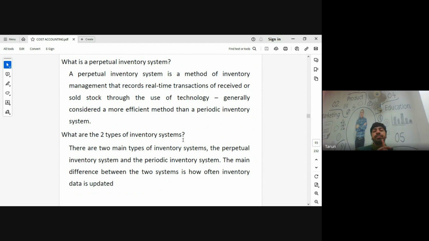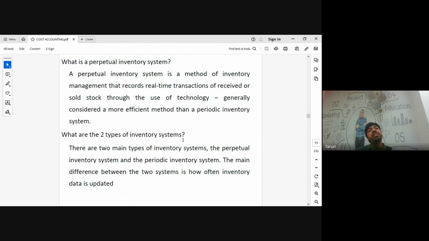Now we talk about the virtual inventory system, which is a very important topic in terms of theoretical process. The virtual inventory system is a method that records the real-time transactions, whatever stock they have received or sold, through the use of technology.